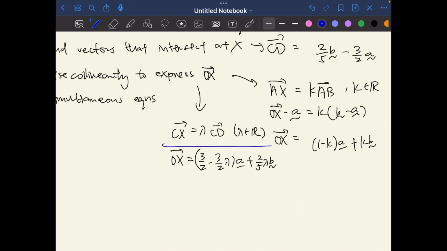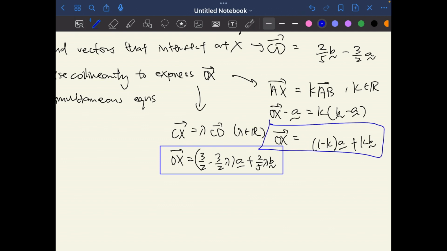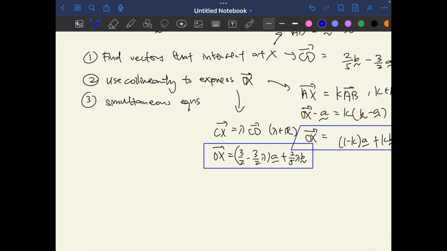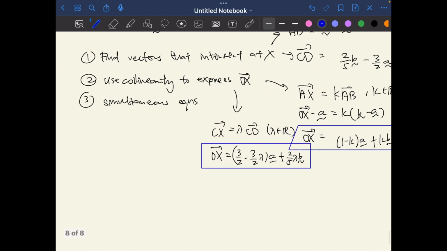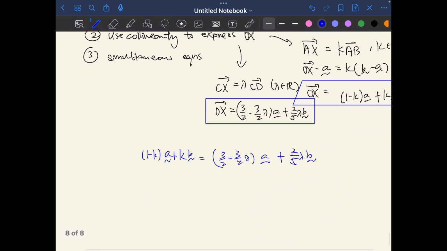Okay, so now you have two equations for OX, but they are in terms of k and lambda, so you need to use simultaneous equations, which is the third step. So I'll equate them together: (1 minus k)a plus kb equals (3/2 minus 3/2 lambda)a plus 2/5 lambda b.